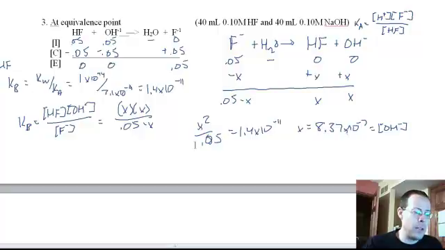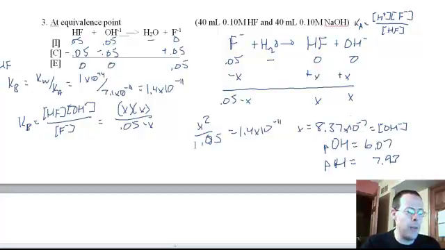So we find that pOH equals 6.07, which leads us to conclude that pH equals 7.93. Okay? So notice at the equivalence point now, our pH is not 7, but it is higher than 7, because our strong base is kind of winning the battle, overcoming our weak acid.